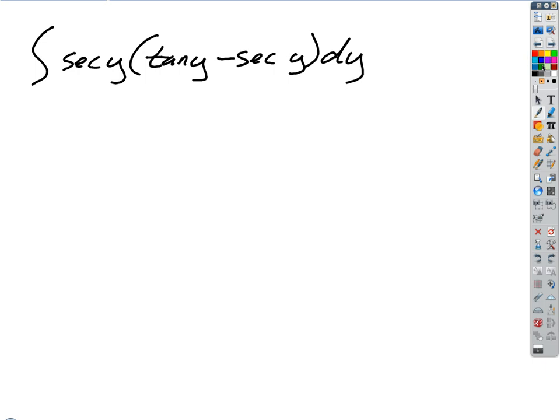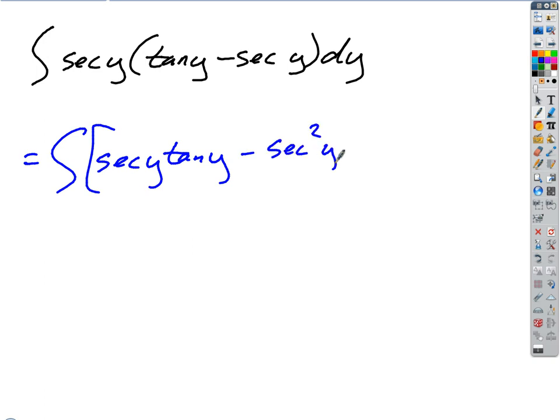So you have the integral of secant y tangent y minus secant squared y dy. Whoops, sorry. Like that, right? And I could break it up literally into two separate antiderivatives, but I don't need to.